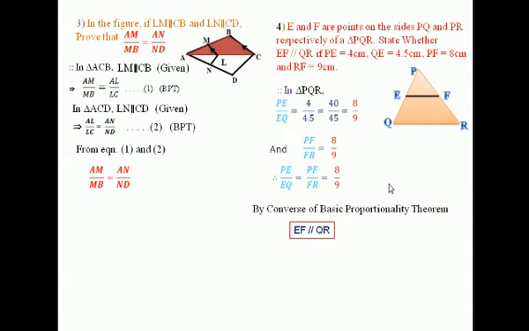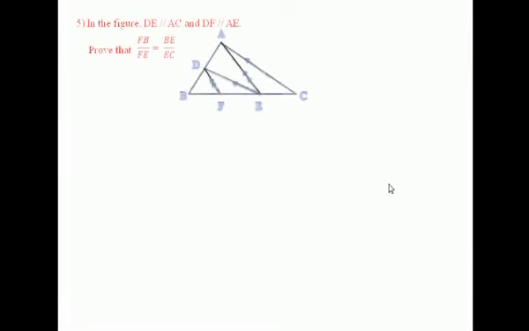So these are all very important problems. Let us go for one more very important problem. It is also a repeated problem, 2-3 times it is repeated. Last year it was not asked, but you have to learn this one also. In this figure, in triangle ABC, first consider DE is parallel to AC and DF is parallel to AE.